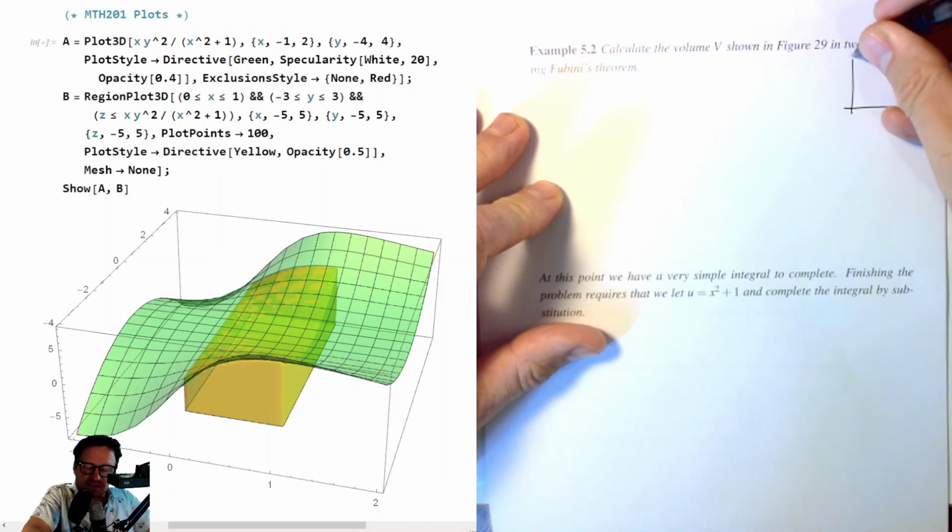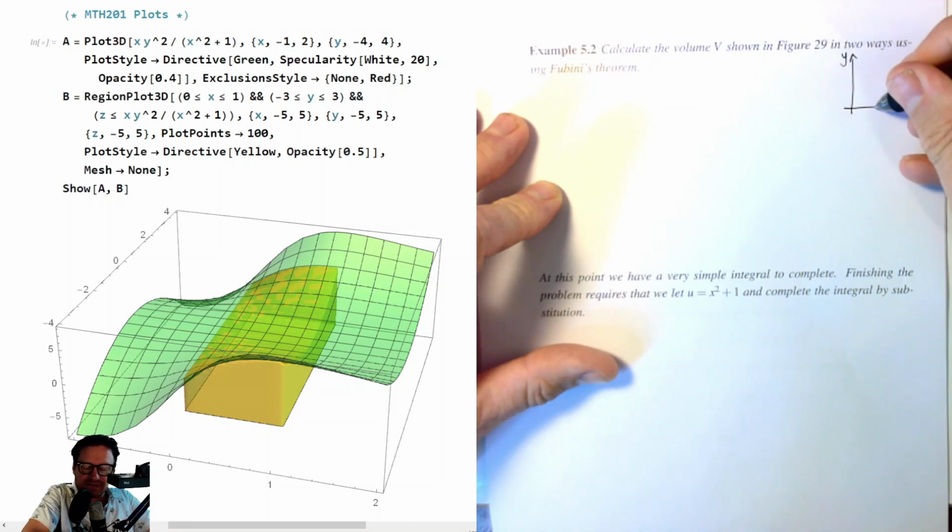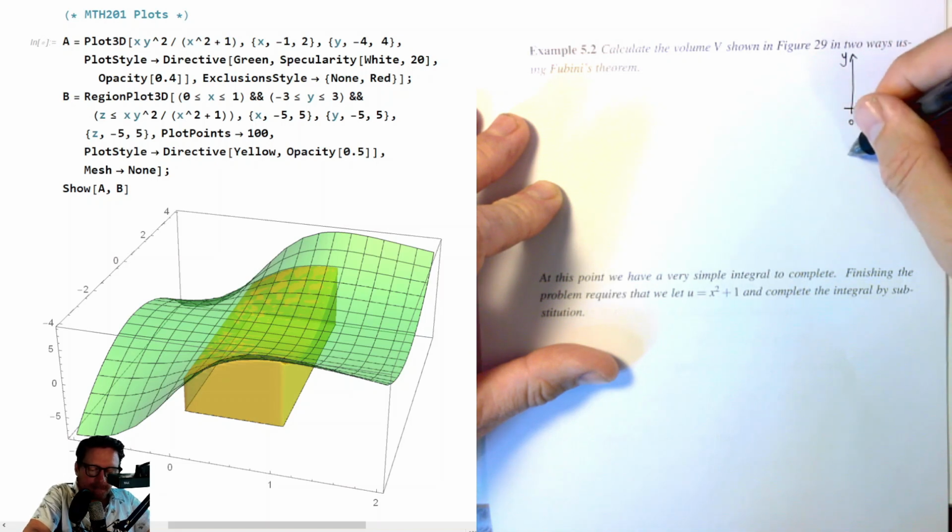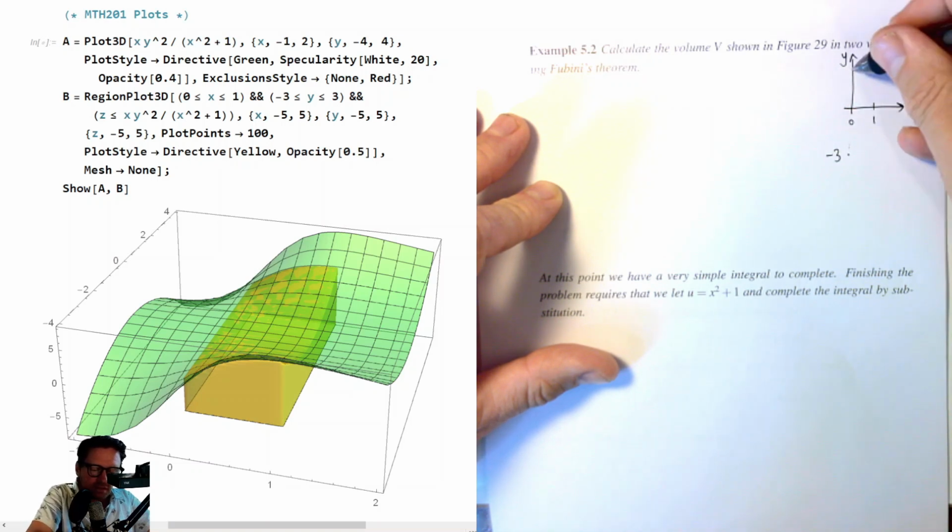Here we've got an x-axis and a y-axis. Okay, our rectangular region, x goes from 0 to 1, and then y goes from, say, -3 to 3.